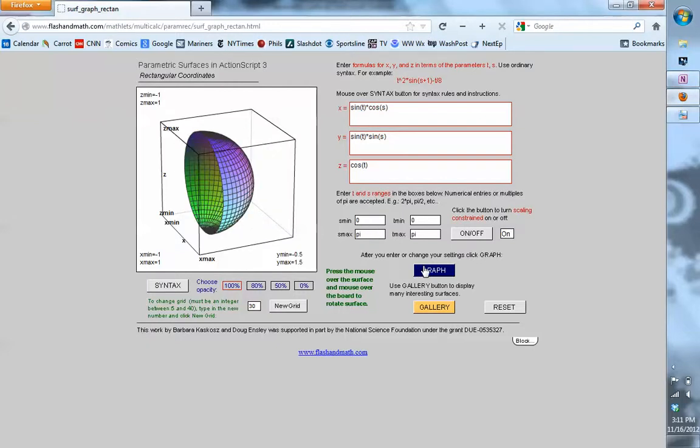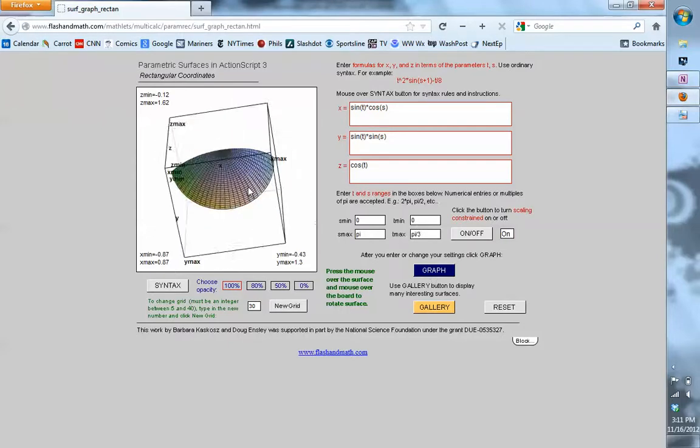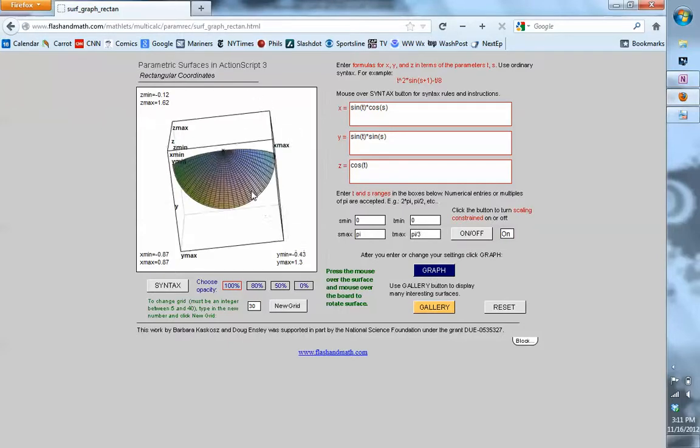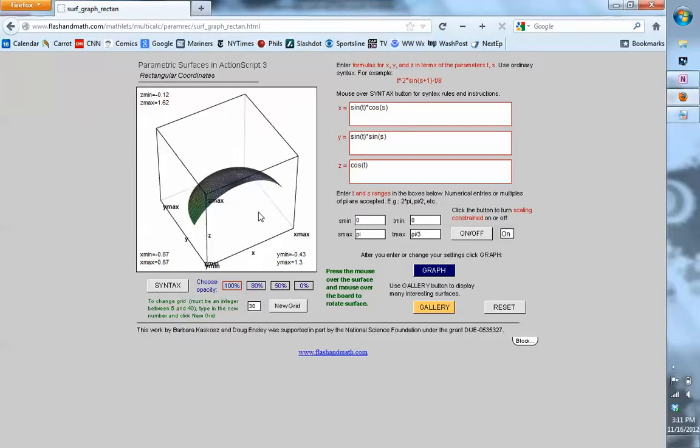Okay, and you can narrow. So then you can go on and narrow this guy to, like, I don't know, pi over 3. And you get just a lot of control over the surface with these parameters in a way that you don't have with just a regular old z equals f of x,y kind of situation. Okay.